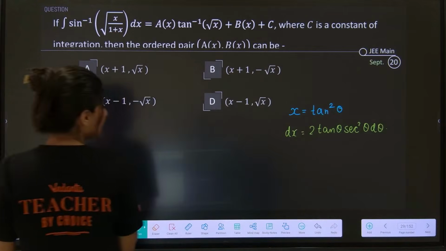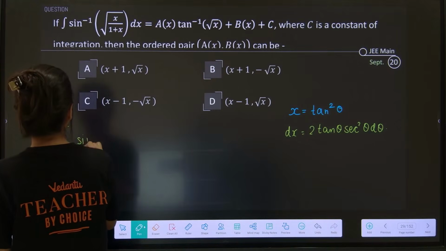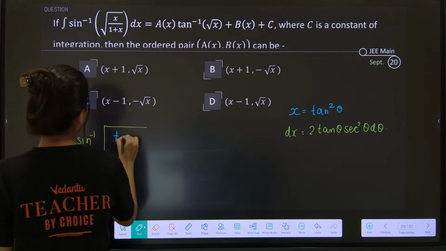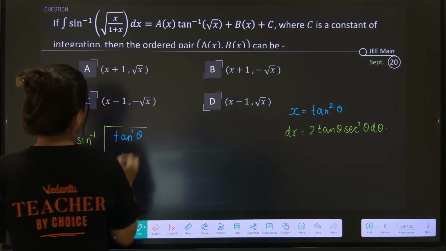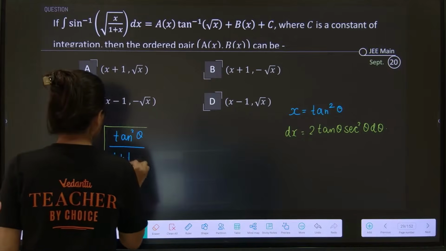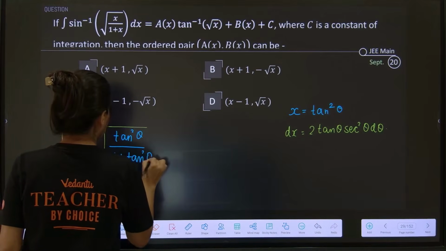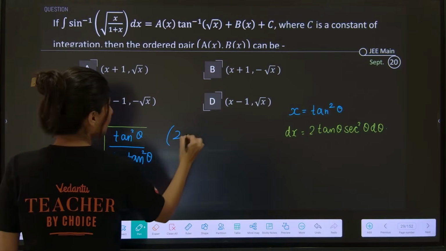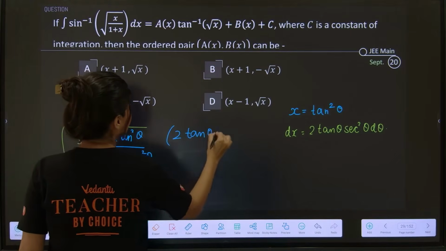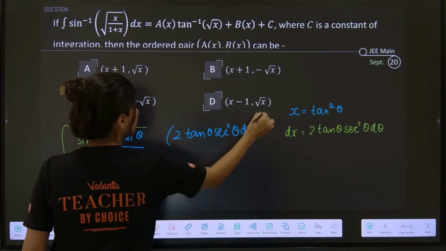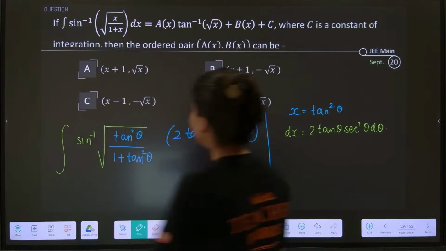In the integration of sine inverse square root x, the square root of tan square theta will get free, and 1 plus tan square theta as well. So dx is 2 tan theta sec square theta d theta. Completely in terms of theta now.